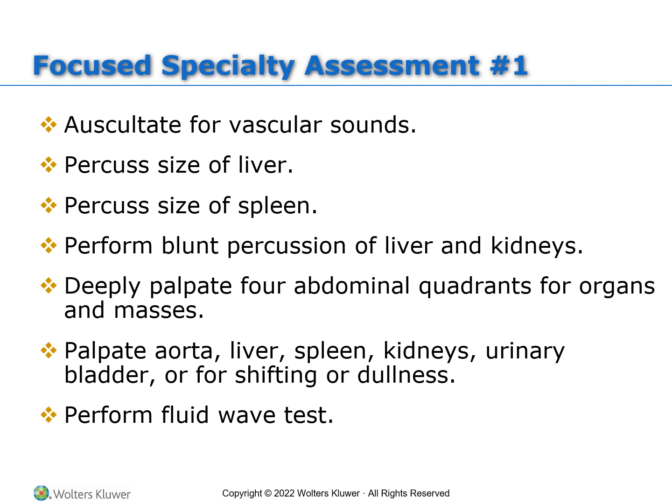And then blunt percussion on the kidneys at the costovertebral angles over the 12th rib. No tenderness should be elicited here. Tenderness or pain suggests kidney infection like pyelonephritis, kidney stones, or hydronephrosis. Okay, so when you're using that technique, the client has to be sitting up with their back to you.